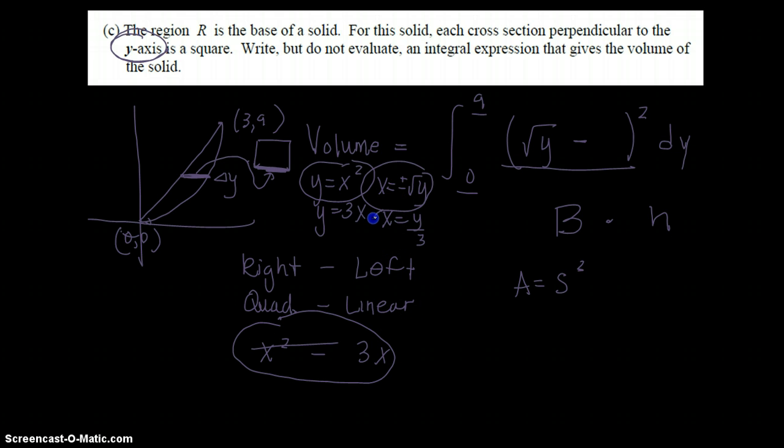And we decided that the linear one, how we're going to write it for this integrand, is going to be y over 3. And then we're done. We've got volume. And again, we're writing but not evaluating. If you were entering this in the calculator, you would just enter in x's because it's fine at that point once you've set up the integral correctly.